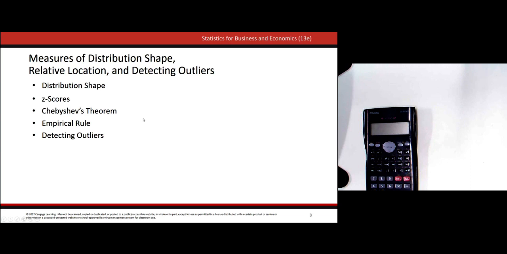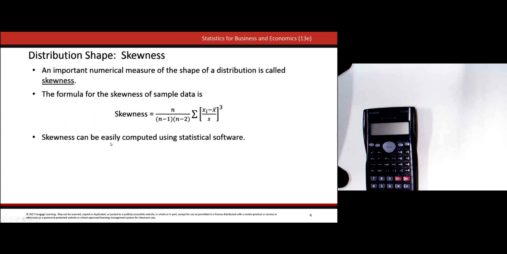So we will discuss distribution shape, which is skewness, z-scores, Chebyshev's theorem. We will discuss how to detect outliers. You can numerically calculate the skewness using this formula, but you will not be responsible for using this formula during the exam.